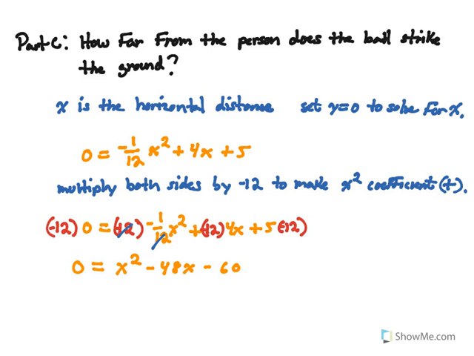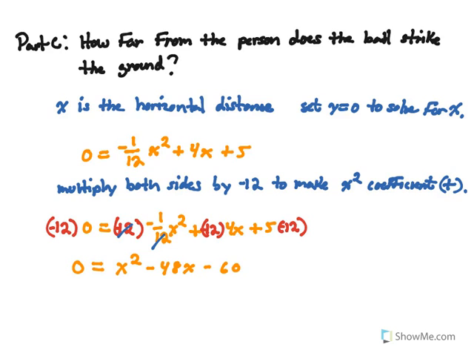And now we have a quadratic function that we can actually solve a little bit easier, okay? So how do we do this? What we want to do is solve for x, because we already set y to 0.